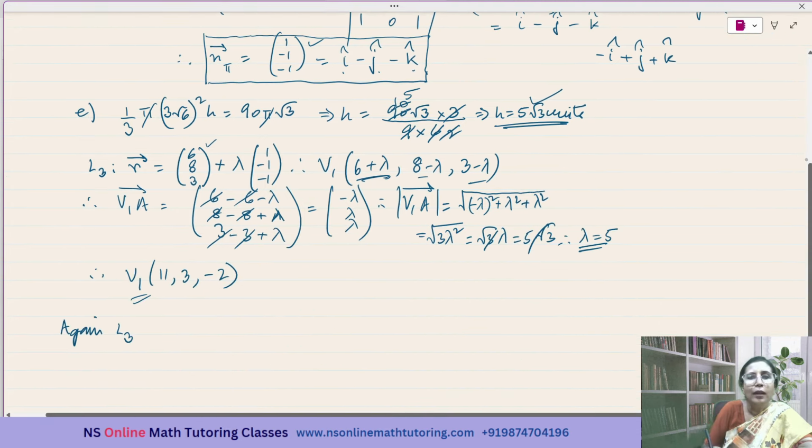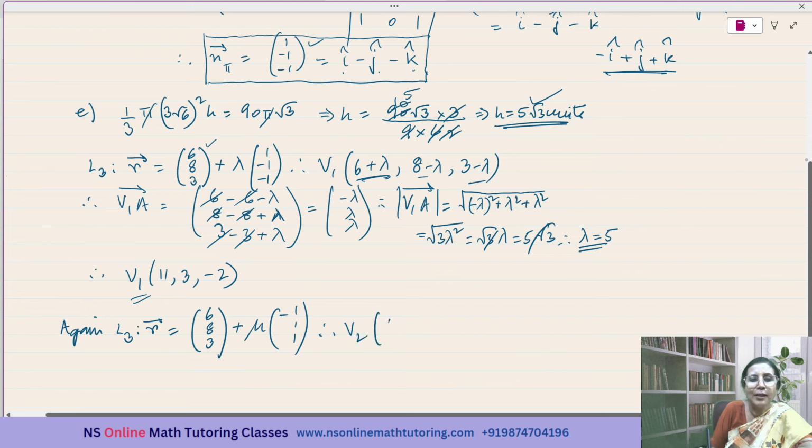Okay, and this time I'm taking the normal vector as this. So line L3 will be equal to r, still the same coordinates for the point A, plus, this time I'm taking it as mu, times (-1, 1, 1). Okay, so therefore V2 will have coordinates 6 minus mu, 8 plus mu and 3 plus mu. Same method.